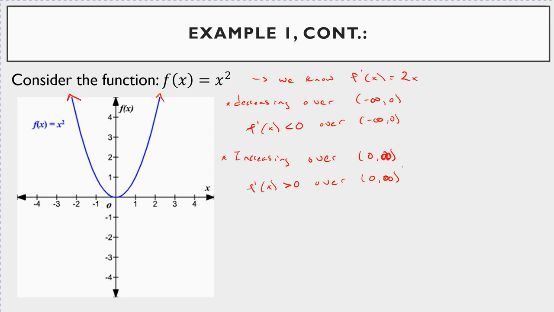So what I'm hinting at here, or what hopefully you're seeing, is the sign, either a plus or a minus, of the first derivative can tell us if the function is increasing or decreasing over an interval.